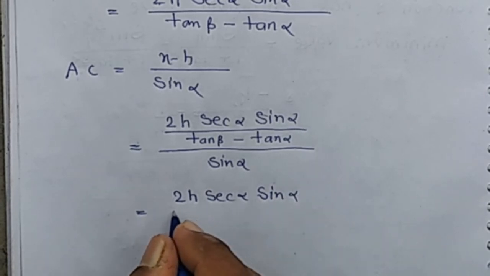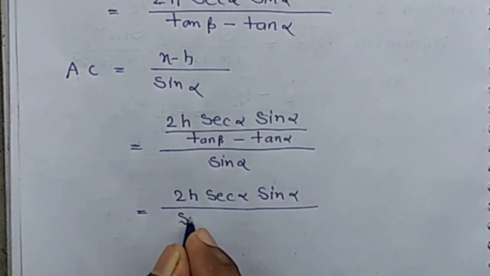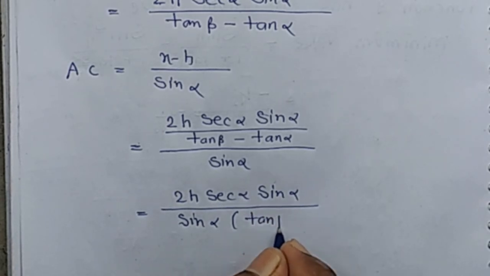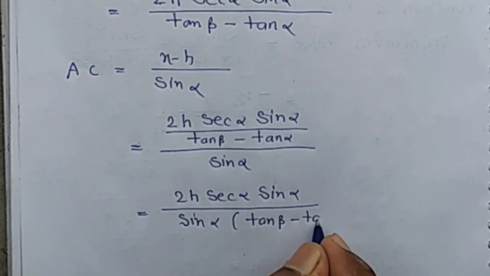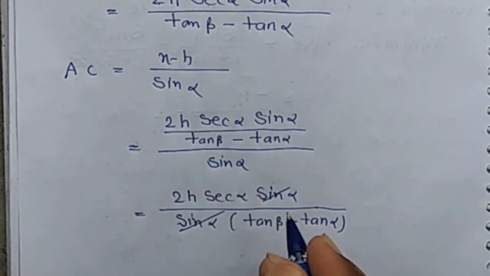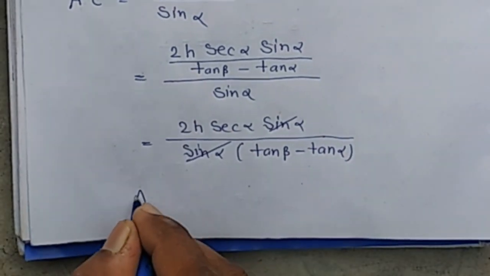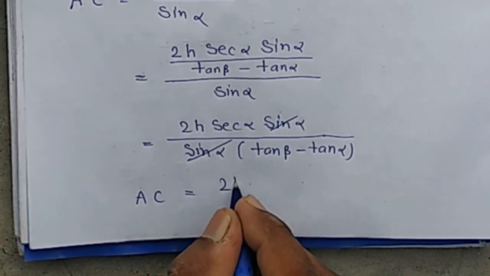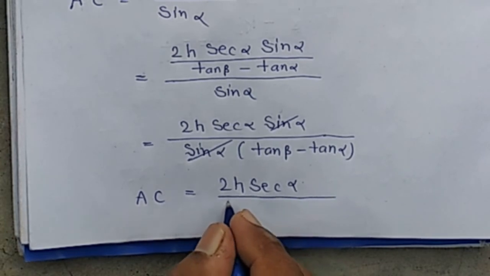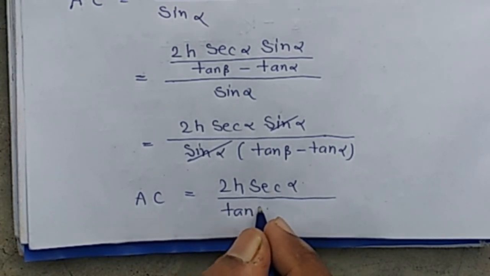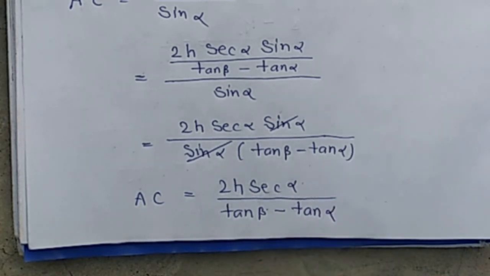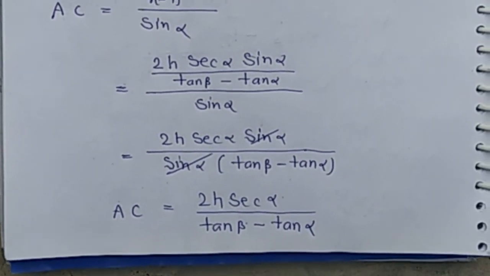Sin alpha cancels out, and we have the value of AC, and it is the distance of the cloud from the observation point, and it is the answer.